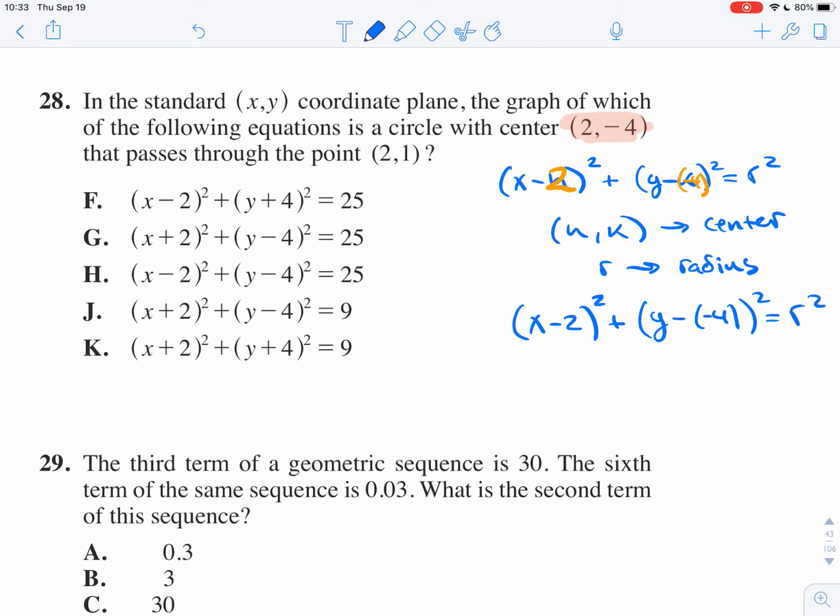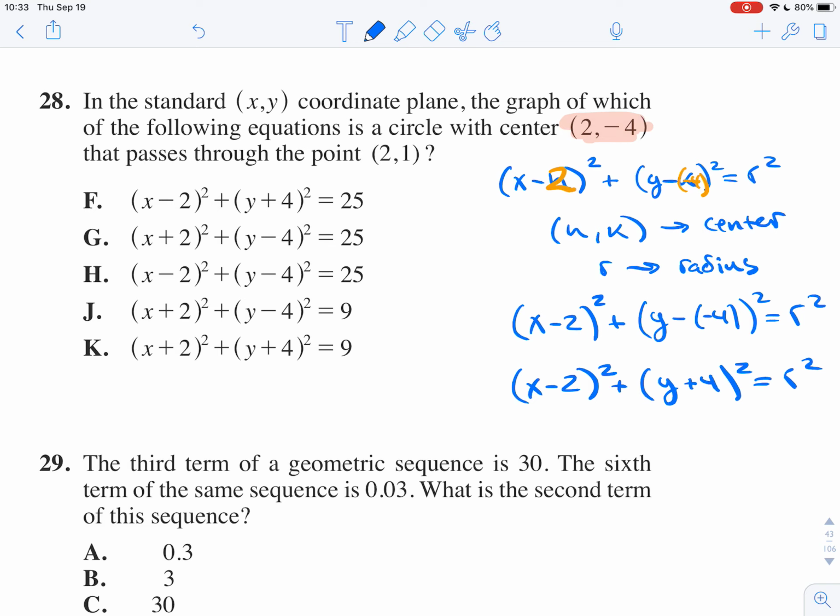So I forgot the squared there. Alright, now that that's fixed, it's going to be x minus 2 squared plus y plus 4 squared equals r squared. That should get us somewhere because that should allow us to eliminate.